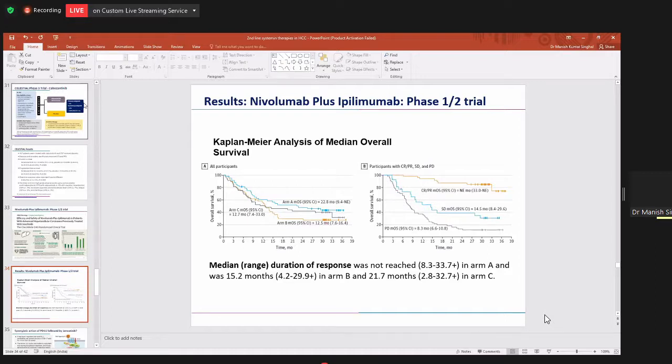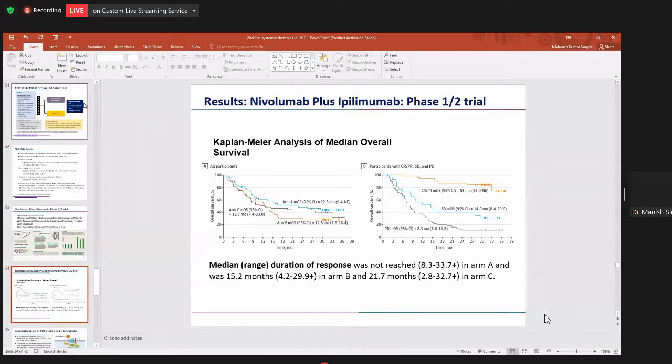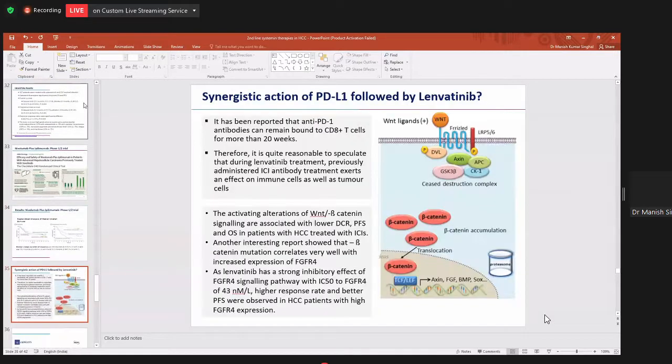But the toxicity is also raised exponentially because of the higher dose of ipilimumab. That is the reason the durvalumab and tremelimumab combination was brought in, to see whether it does the trick. It definitely highlights one very important thing: HCC is an immunogenic tumor, and immunotherapy can be exploited to give some overall survival benefit in this disease.